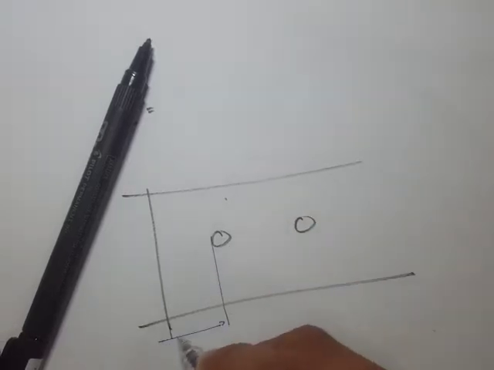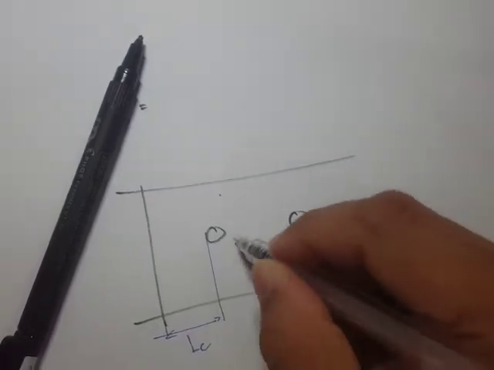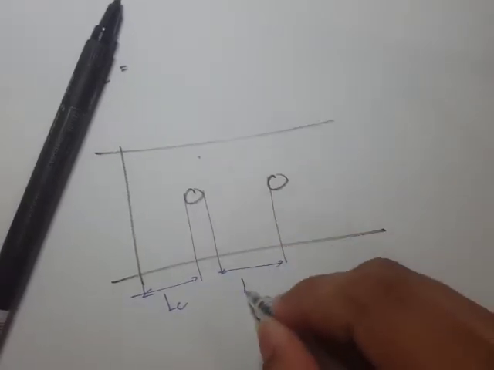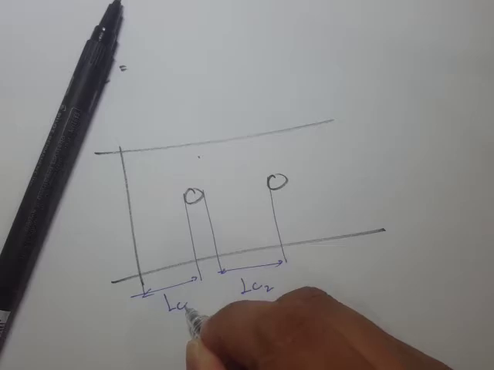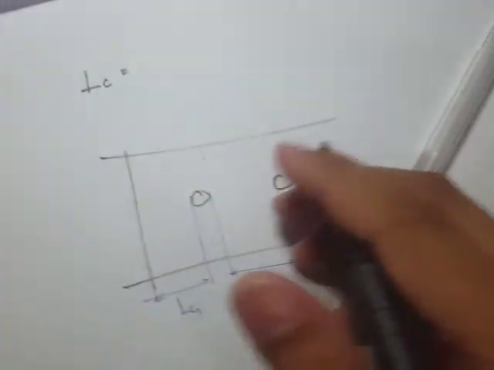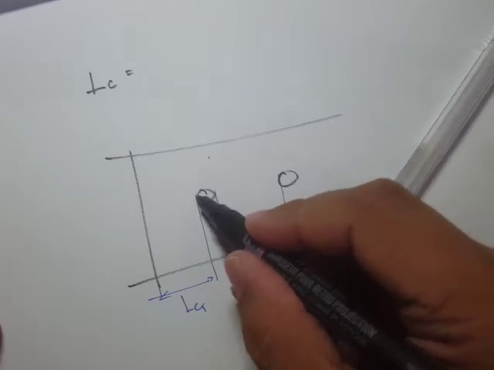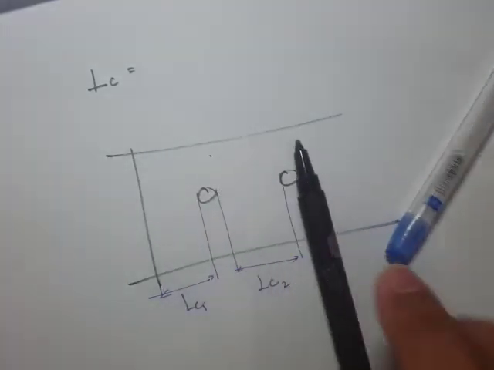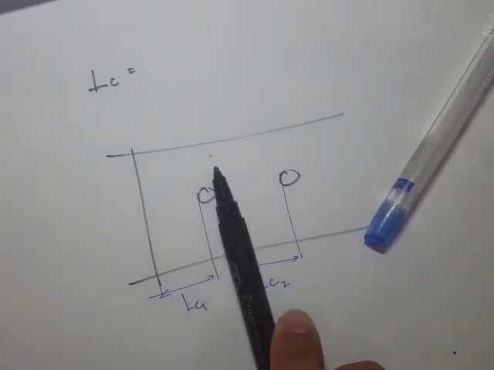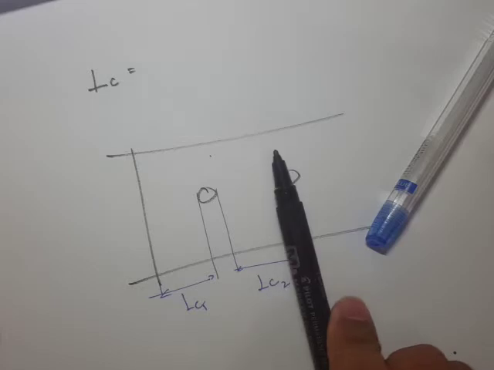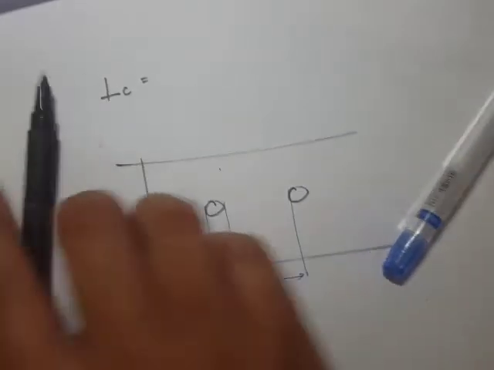So this is LC. This is another LC. So let's write LC2, and then this is LC1. So the clear distance is basically from the edge of the bolt hole to the edge of the plate, or from the edge of the bolt hole to the adjacent edge of the bolt hole. So that's going to be our clear distance.